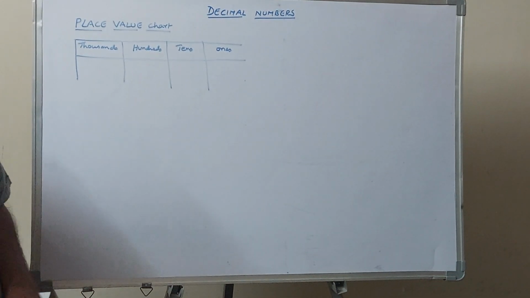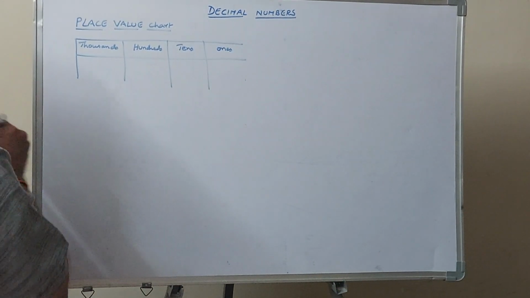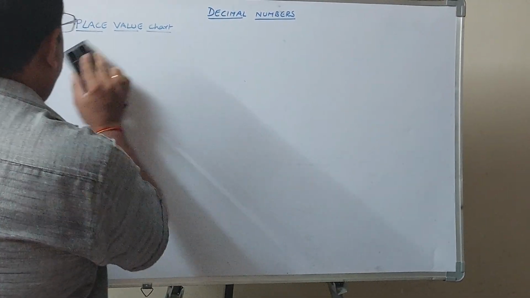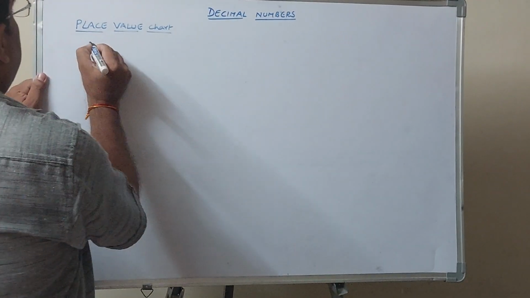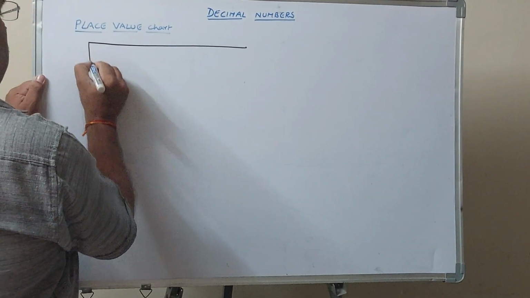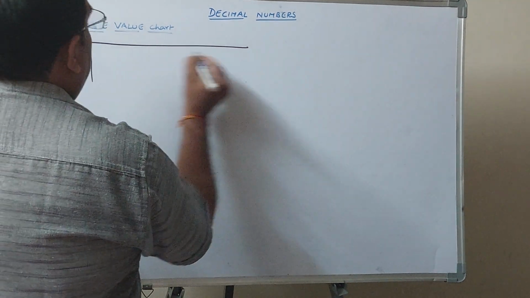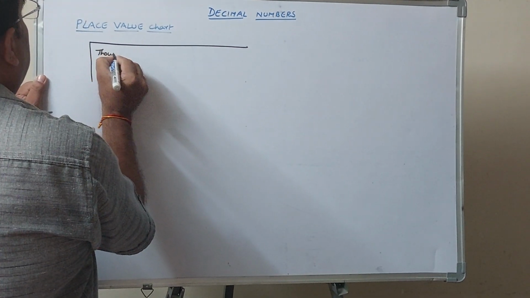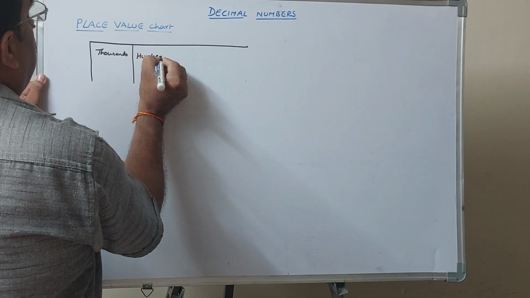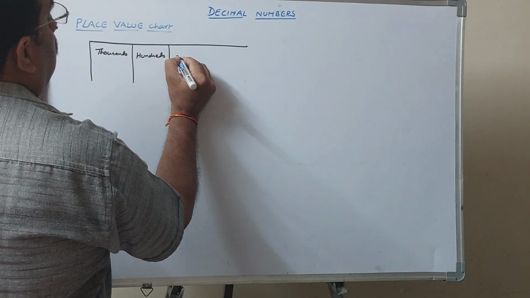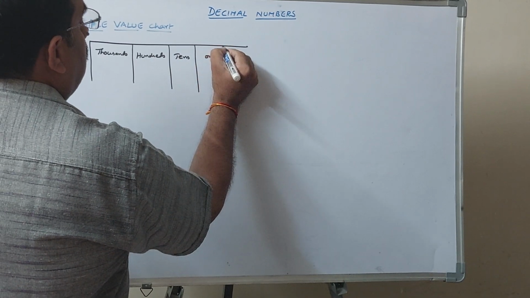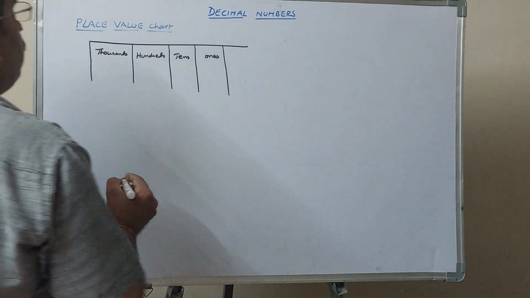This is the place value chart: thousands, hundreds, tens, ones, like this we are using here.